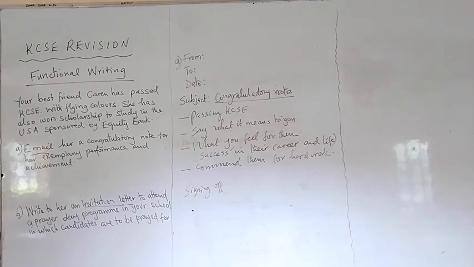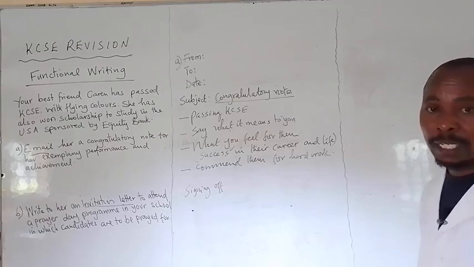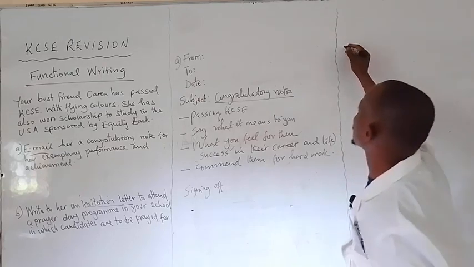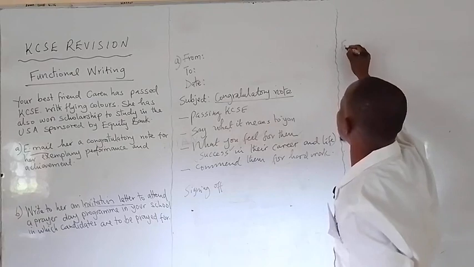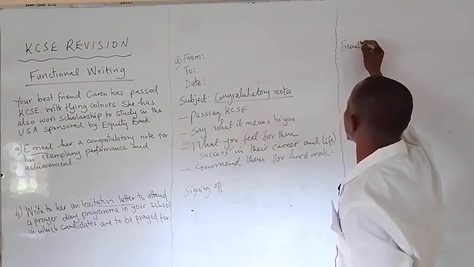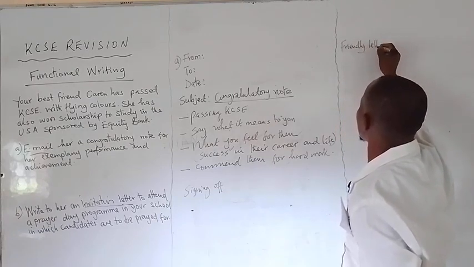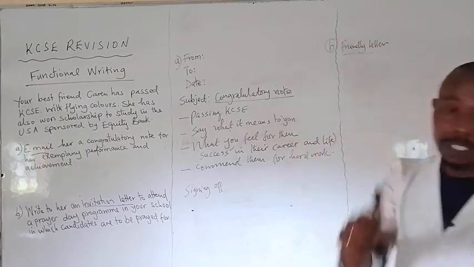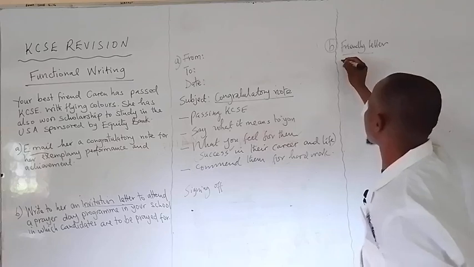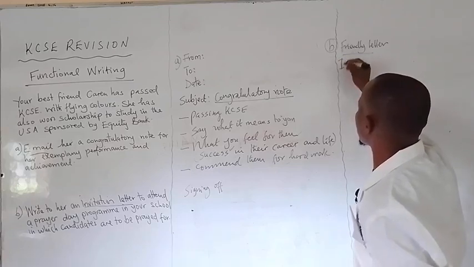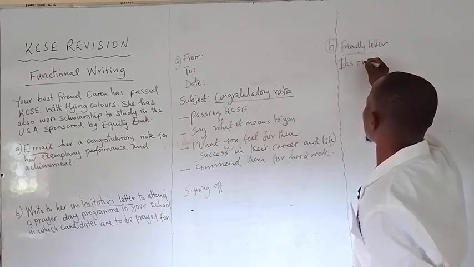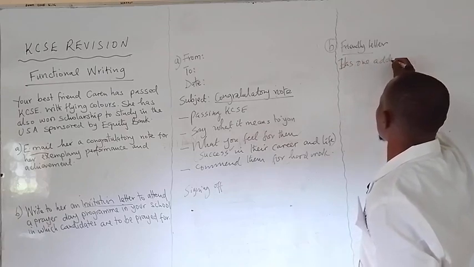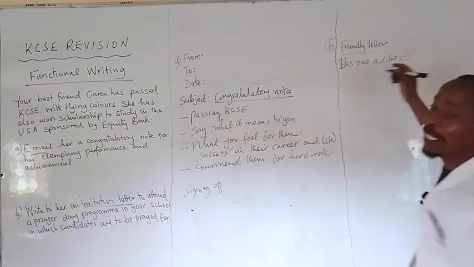Going to part 2 is an invitation letter. This kind of letter, we expect to be a friendly letter. As a friendly letter, it has one address. I'm talking about the sender's address.